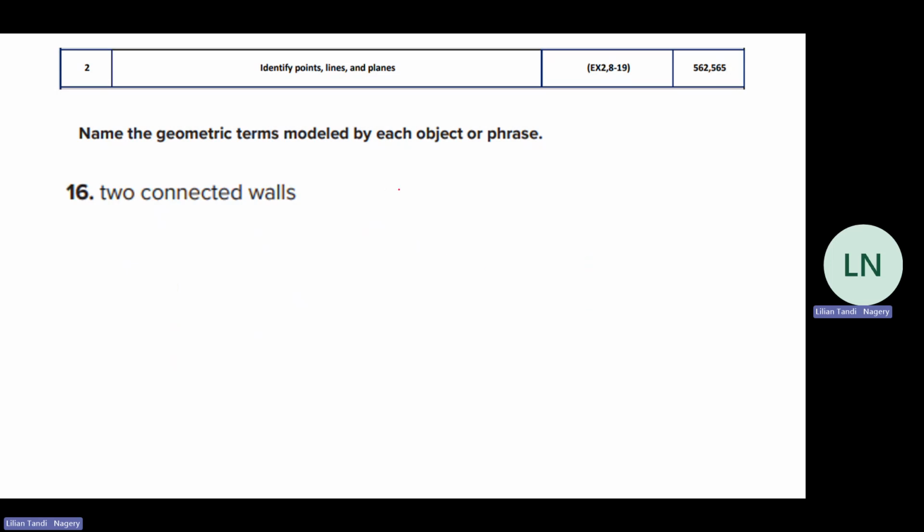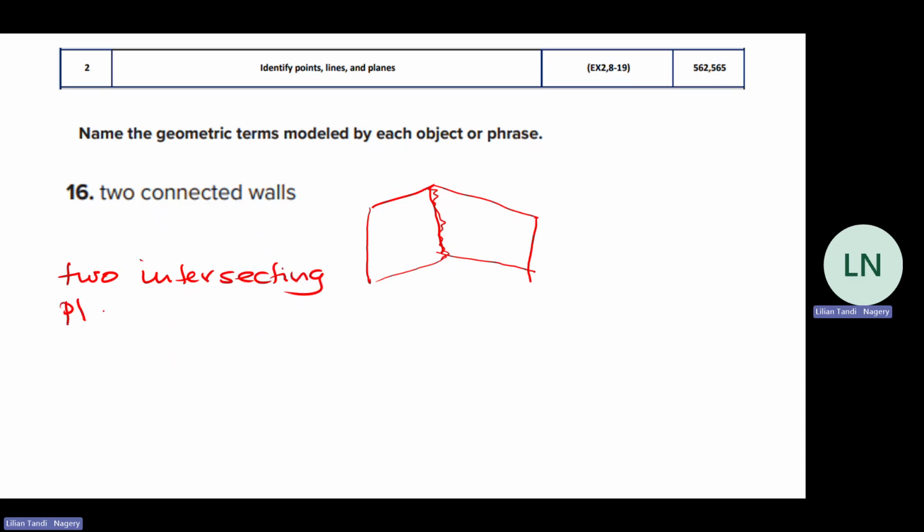Two connected walls can be, I'm trying to draw the picture, will be like this, maybe, yes. So this is one wall and this is another wall over here, like that, okay? So they are connected using this line. So we will say two intersecting planes, or two planes intersecting at a line.